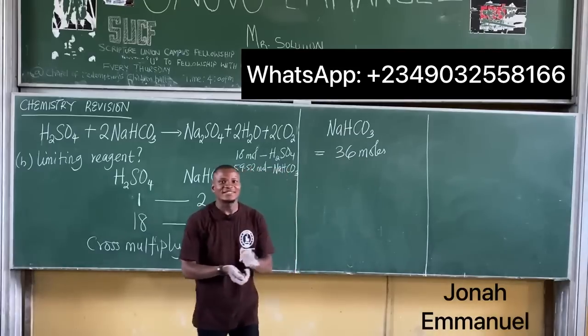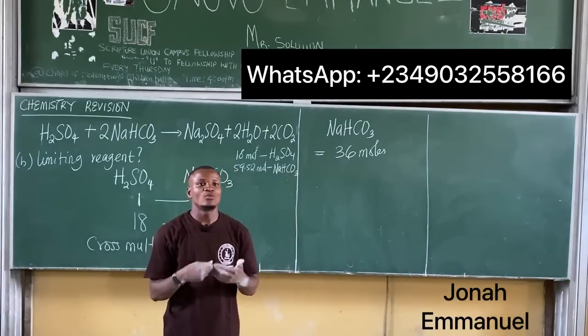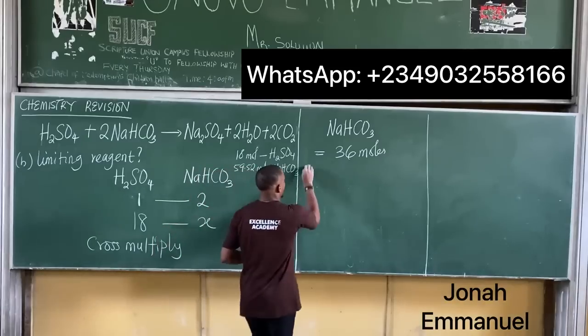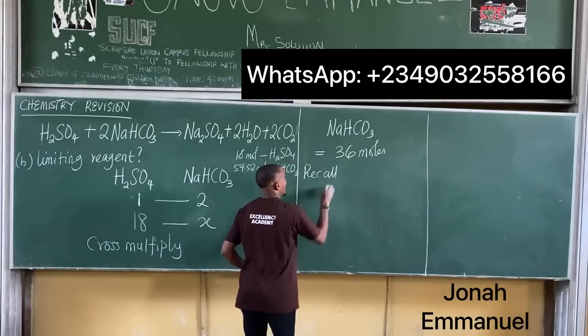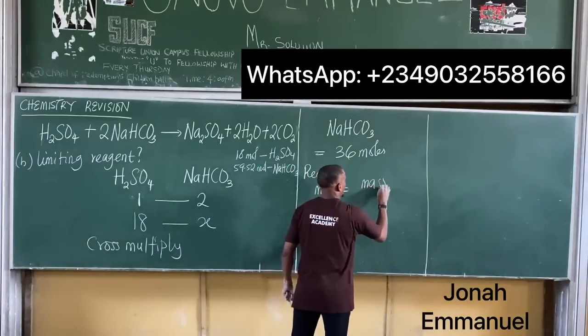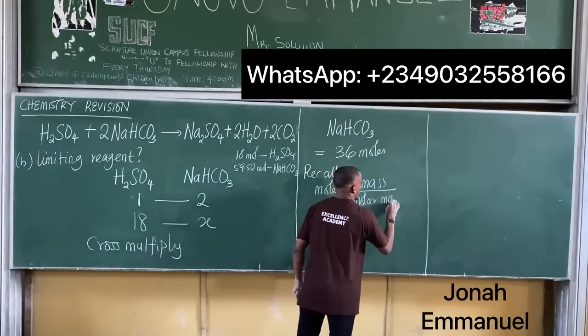We are asked to find the mass in grams. So convert 36 moles to mass in grams. What do you do? Recall that mole is equal to mass over molar mass.